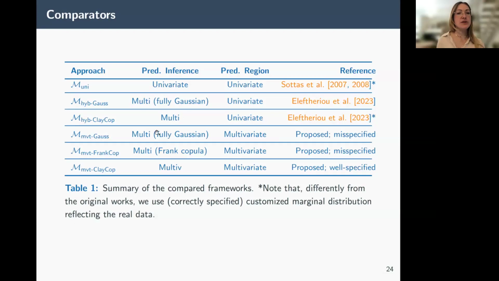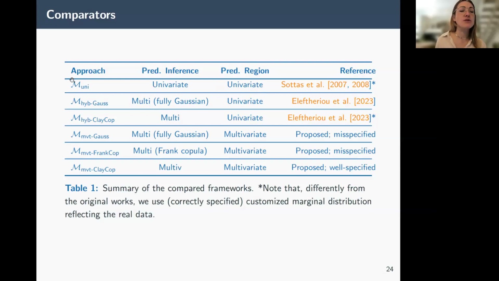We decided to compare different strategies that differ in terms of the type of approach for the predictive inference, either univariate or multivariate, either well-specified or misspecified. So for example, we have considered a misspecification of the copula only, and a misspecification of the marginals also, in this case a fully Gaussian model, and the approach to estimating the predictive region, either a univariate one or a multivariate one.